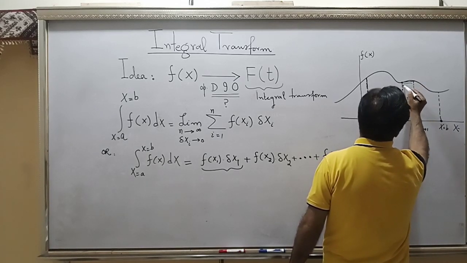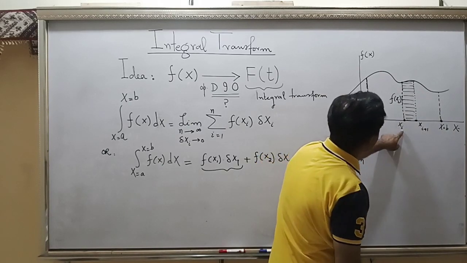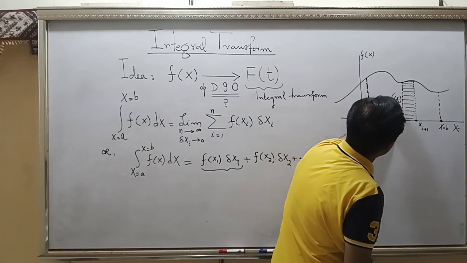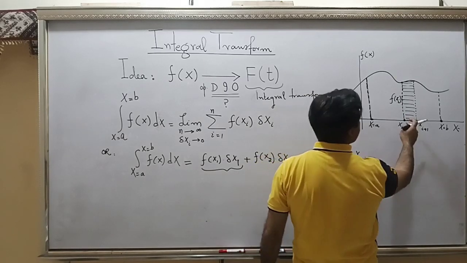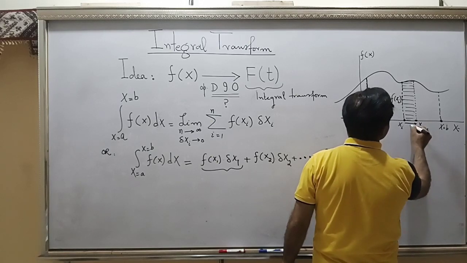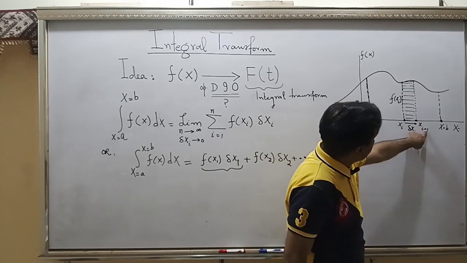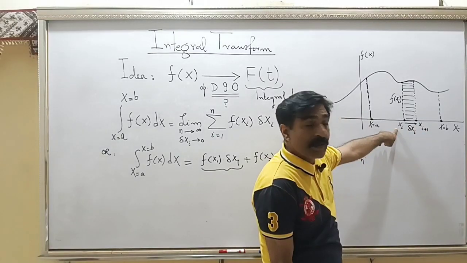This is the area of the rectangle. If i is 1, it is x1, it is f(x1), and the distance between these two points is this delta xi. So delta xi is this value minus this value, right?